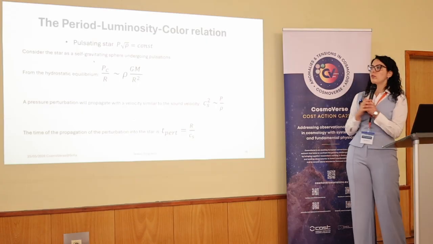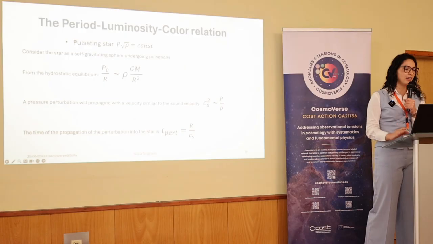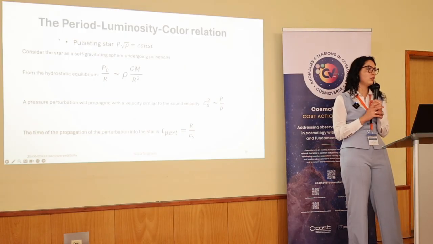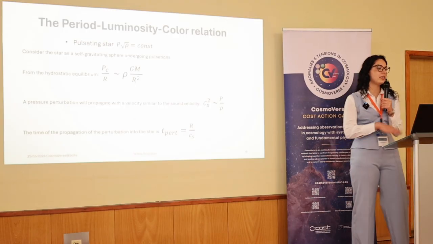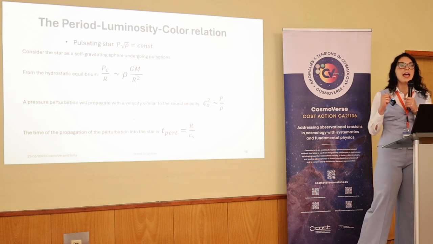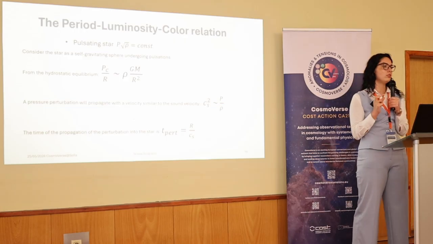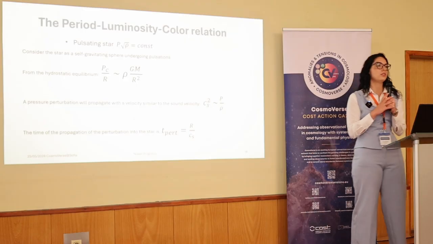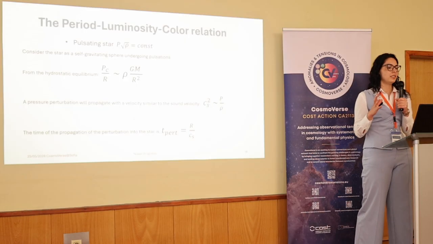So, if we want to go through some formulas, the first thing we always have to take into account is that the star is a self-gravitating sphere that is undergoing pulsation. We also have to take into account that the variation of the radius during pulsation is small, so we can still think about one radius that describes the whole star.